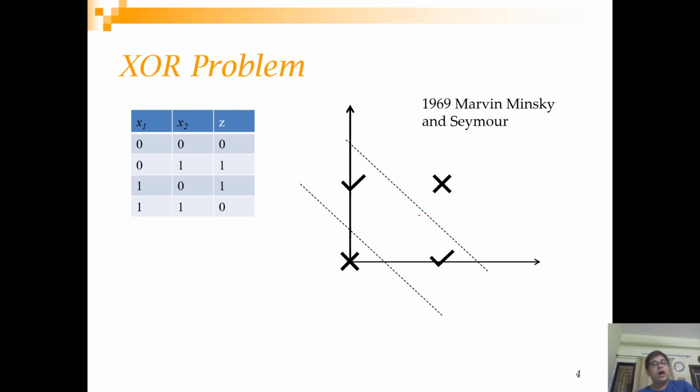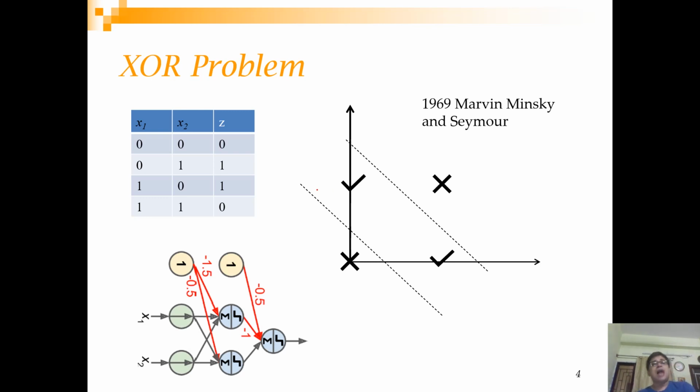However, intuitively, people thought that if one perceptron can draw a line, here what we want is two lines, that's all. If we can use two perceptrons to draw lines and somehow indicate that this region is within these two lines and this region is outside of these two lines, then perceptrons can solve such a problem. And this is how a perceptron can solve this problem.